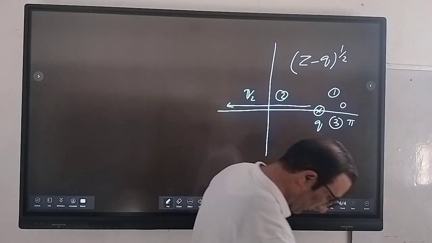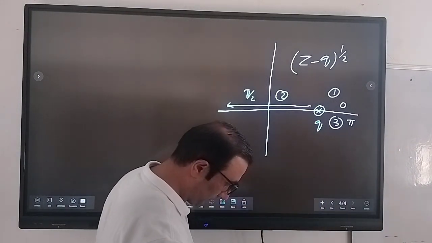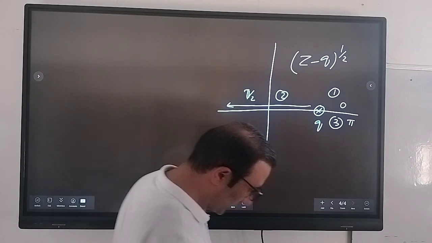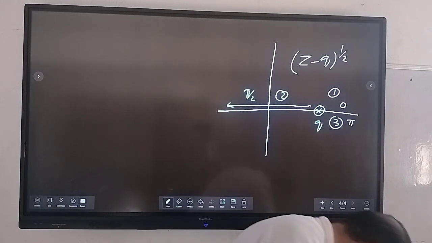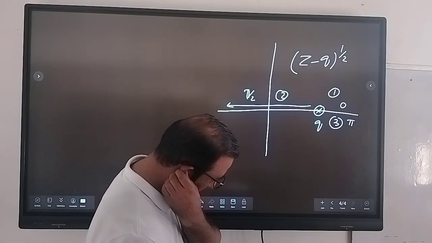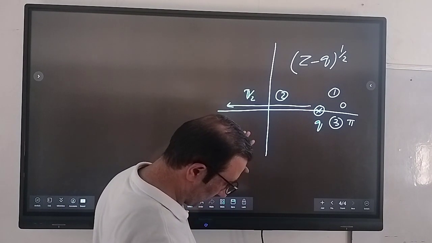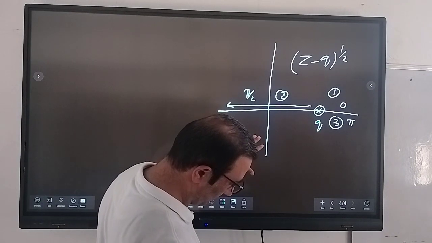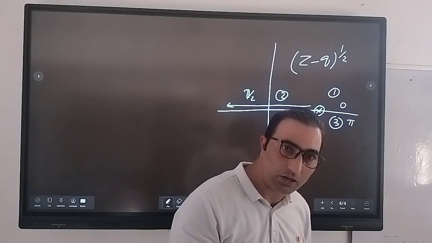And for this one, if you write for this q below that, right? So for this region it will be that pi. Okay. So these are basically the phases for this. That's correct. Now let us write down the phases for the fourth function.